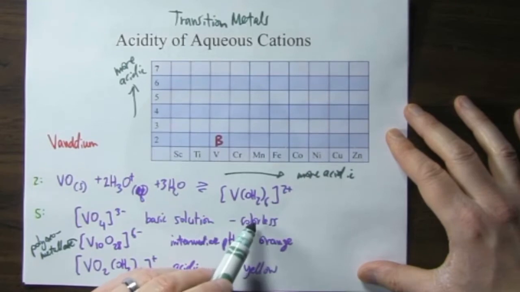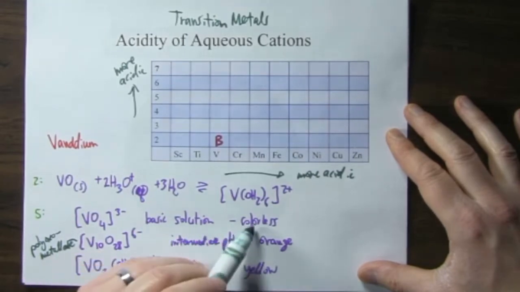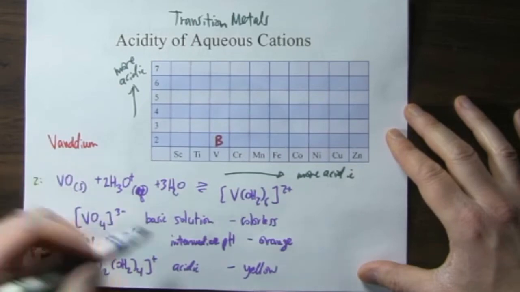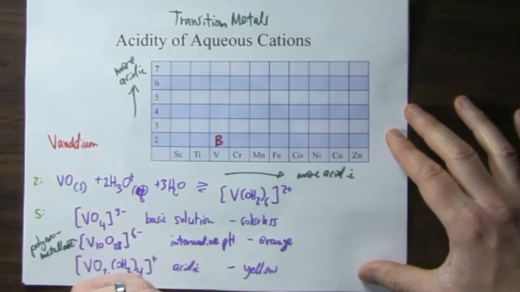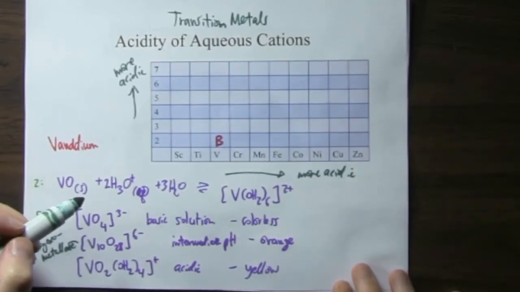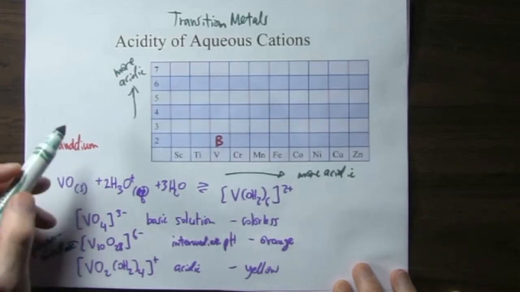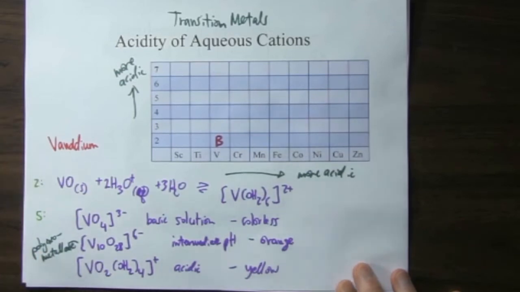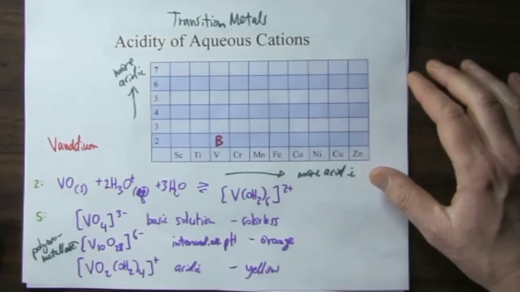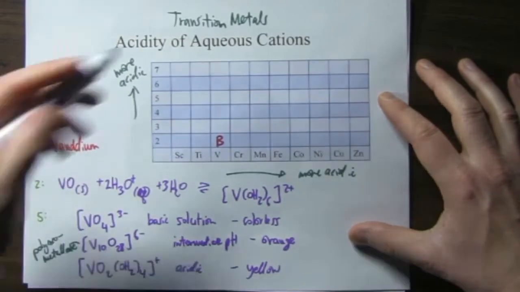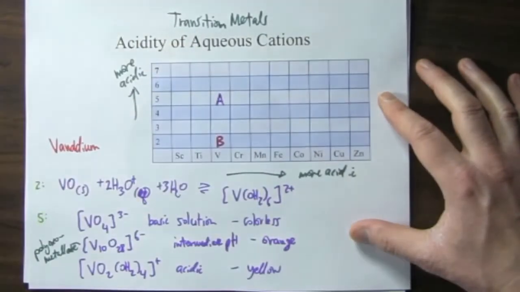And it's also an example of how, depending on the pH, you have different colors, and so the name of the element, vanadium, actually comes from all these different colors. And these are just a few examples of possible colors with vanadium complexes. And so the name vanadium actually comes from the Scandinavian goddess of beauty called Vanadis. So we saw that once we get to pH 5, it's acidic. Okay.